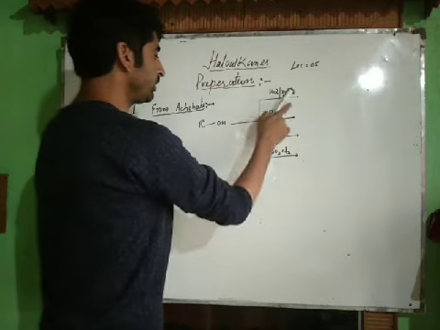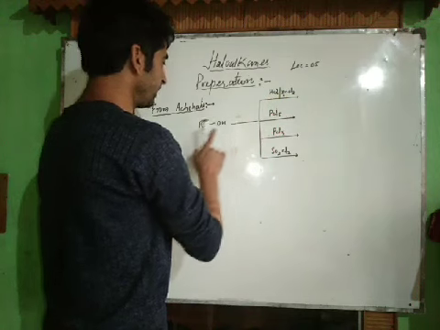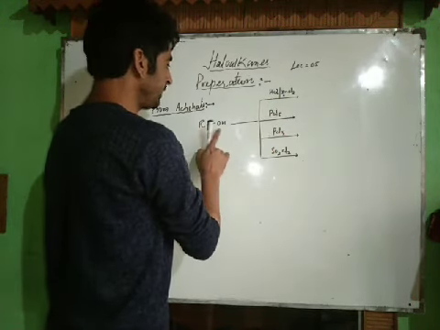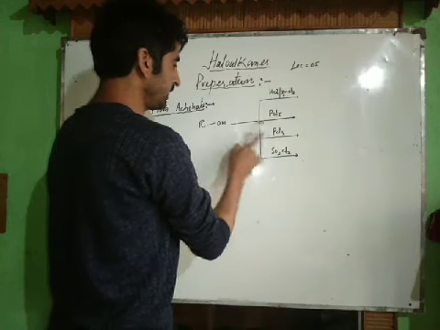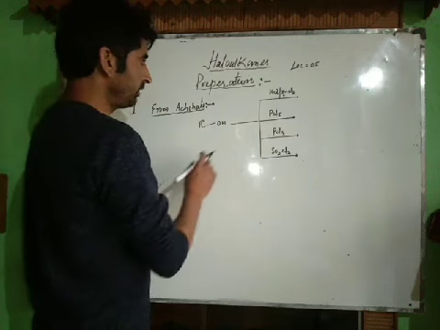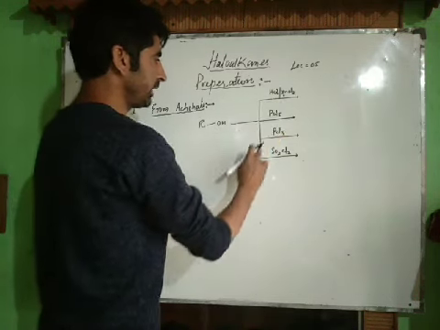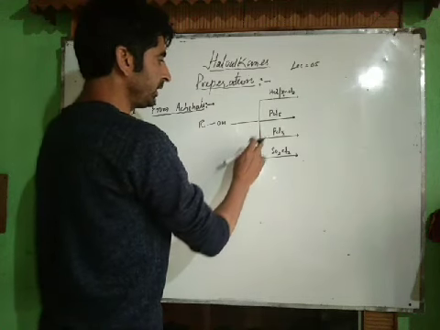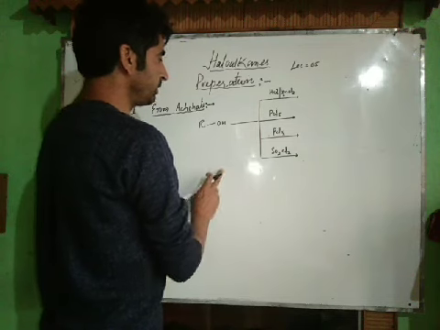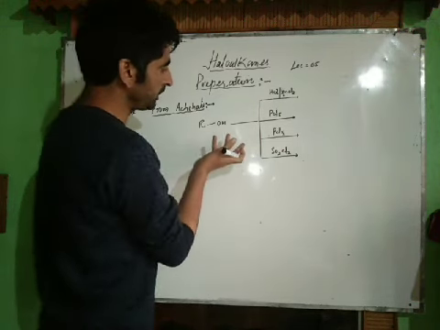So we can get haloalkanes by the reaction of alcohols with HCl and zinc chloride, with PCl5, with PCl3, and with SOCl2. We will discuss the mechanism of these reactions, and from that mechanism we will be able to solve a certain number of questions.